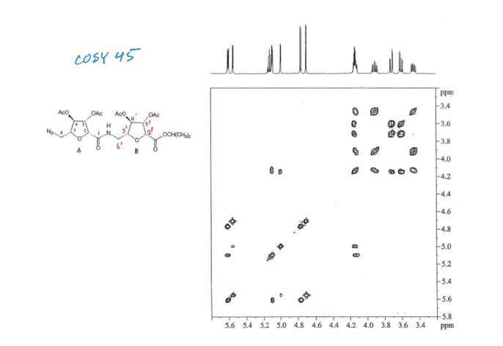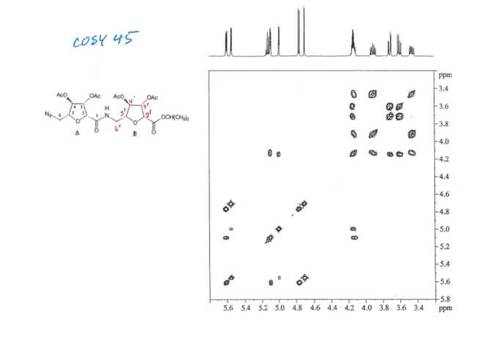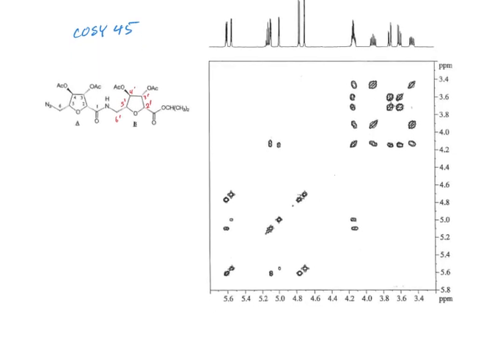Right, so can we pick those out in the spectrum then? Yeah. Okay, I'm going to move this up just a little if I can. Okay, so it's these two here. One of them is going to be H2 and one is H2 prime.